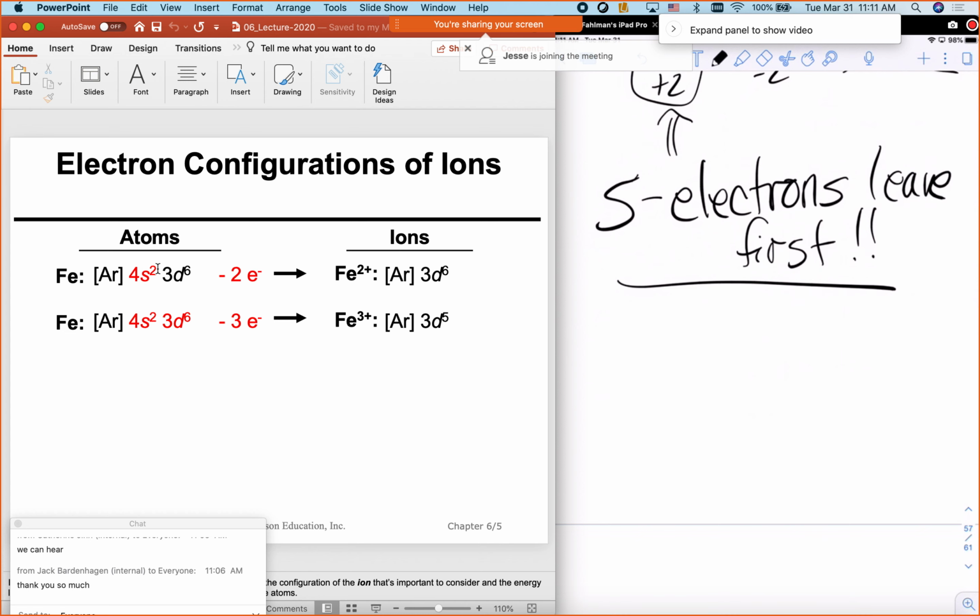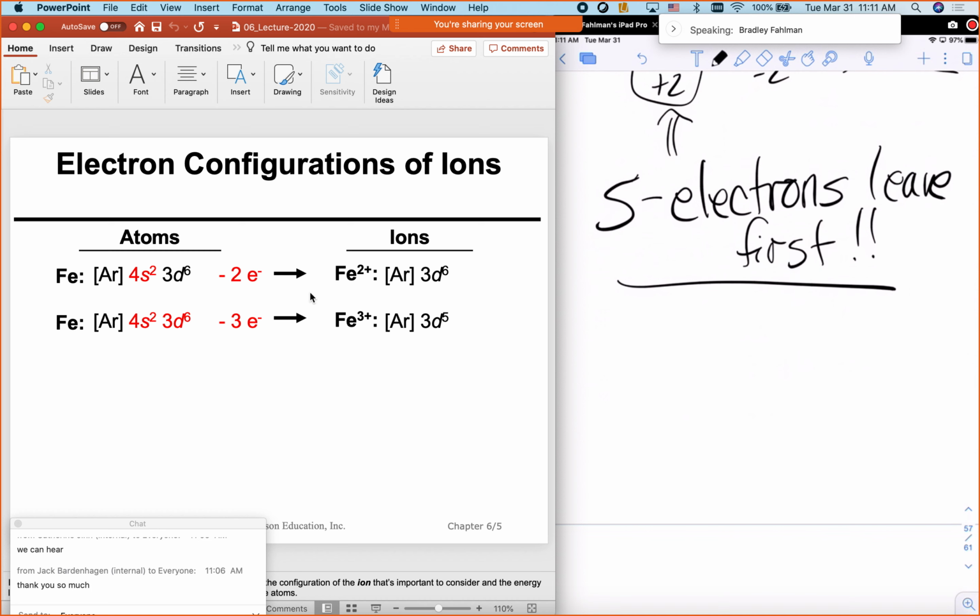The way to remember it is that since this number, the principal quantum number, is higher, the orbital is a little farther from the nucleus, and so those electrons are easier to remove. And so the configuration for iron 2 is just argon 3d6.